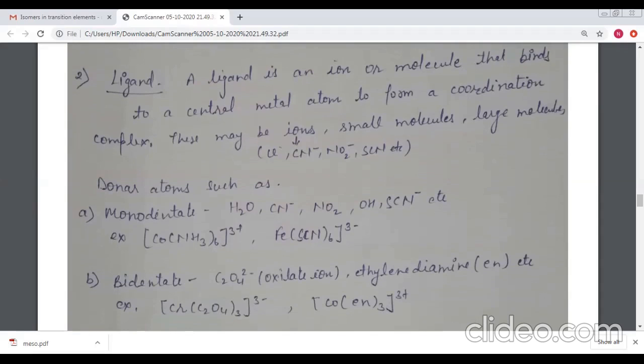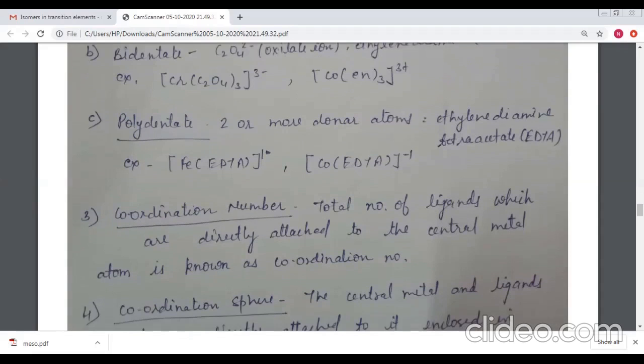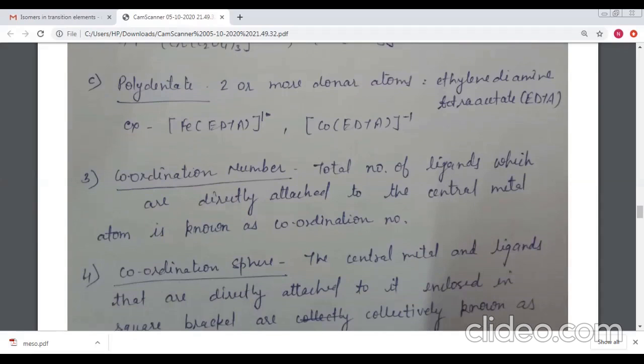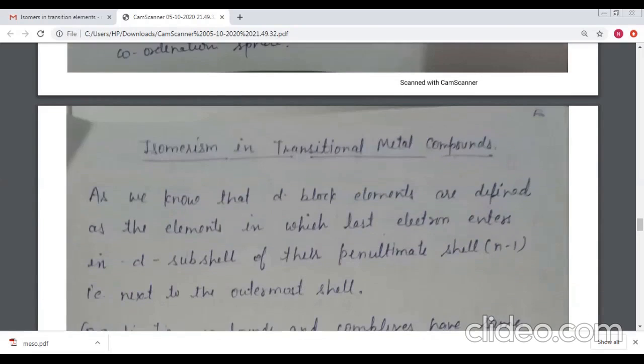Types of ligands are monodentate, bidentate, and polydentate. The coordination number is the total number of ligands directly attached to the central metal atom. And the coordination sphere means the central metal and the ligands directly attached to it, enclosed collectively in square brackets.